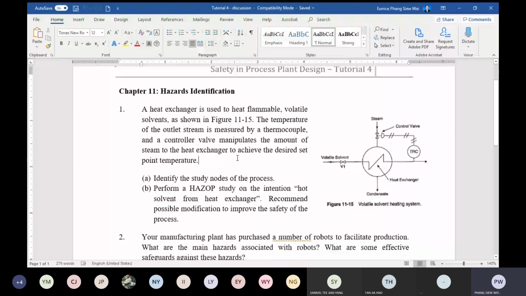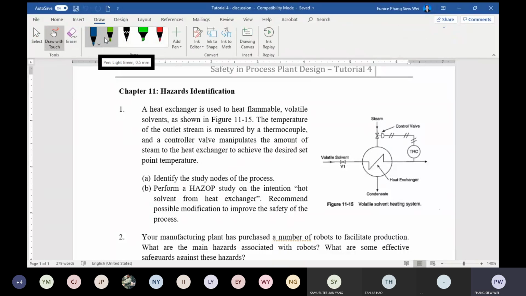Yes, miss. Okay, good. So the first question in the tutorial is that the heat exchanger is used to heat up a flammable, volatile solvent in this picture. If I were to draw, let's see if I can draw.